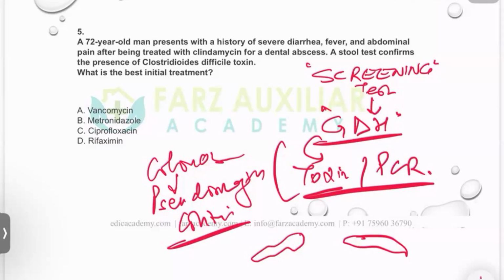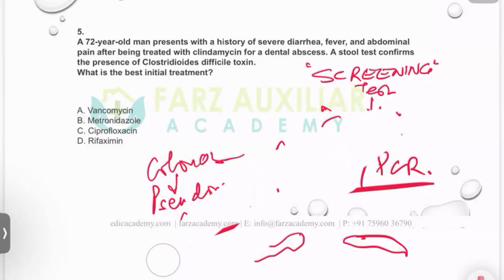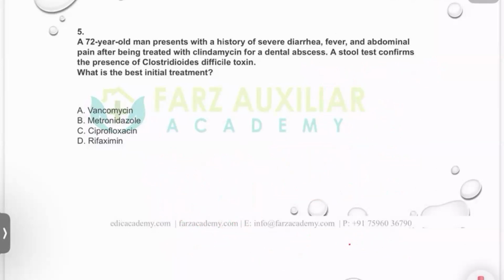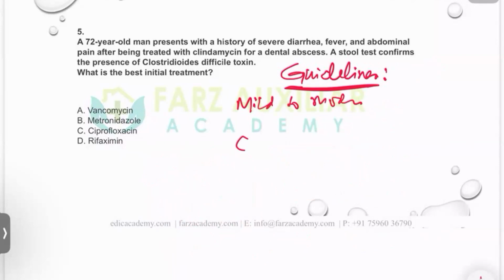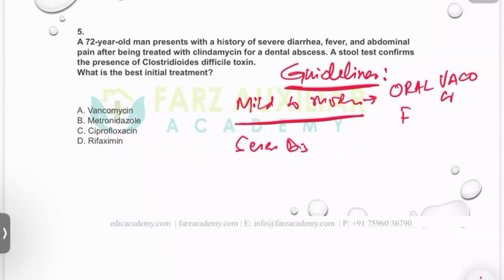So the treatment, now I'm going to give you guidelines. Guidelines are for mild to moderate disease and severe disease. Even in mild to moderate disease, the drug of choice is oral vancomycin or fidaxomicin, a new drug, distant congener of rifaximin.